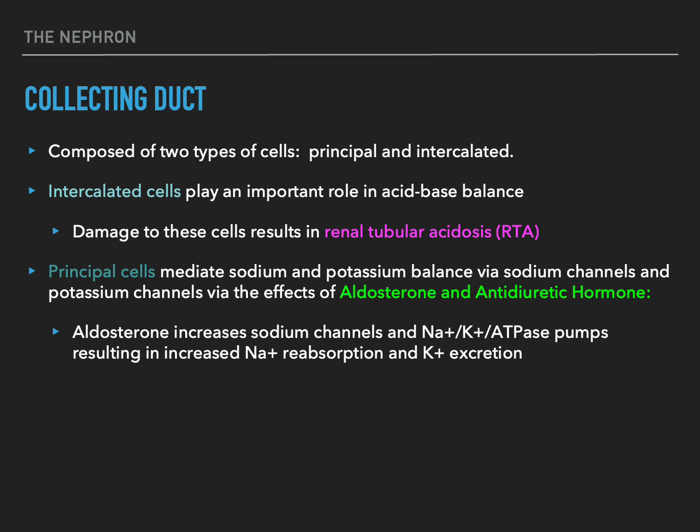Essentially, aldosterone increases sodium channels and the sodium-potassium ATPase pumps, and this results in increased reabsorption of sodium. So that's reabsorption, so it's going from the urine to the bloodstream, as well as potassium excretion. So potassium from the bloodstream into the urine.